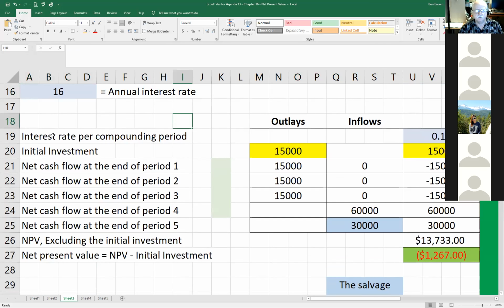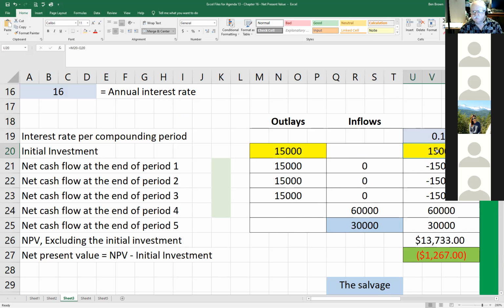So notice what I've done to the Excel spreadsheet here. I've got a column of outlays, which is money we're spending, and a column of inflows, which is money that's coming in. And over here, this is our actual NPV spreadsheet where I'm adding these two.